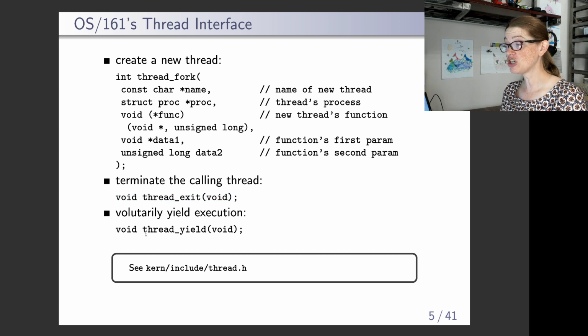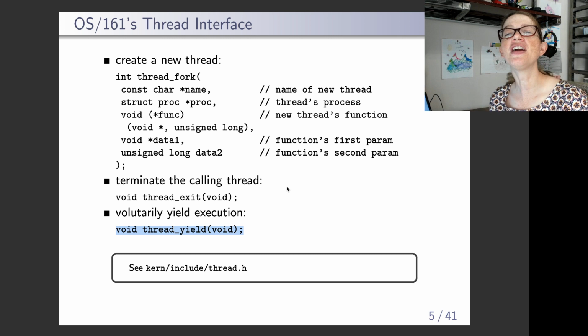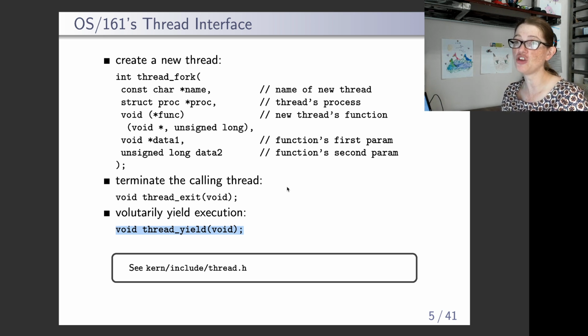Now, another function which isn't terribly common to use is called thread yield. And what thread yield does is it is saying, I'm voluntarily giving up the CPU. Now, it's not a guarantee. So if you call thread yield, thinking to yourself, I'm going to use thread yield to give another thread an opportunity to run, there is a probability that no other threads will run and you will keep running even though you have technically requested to yield the CPU.